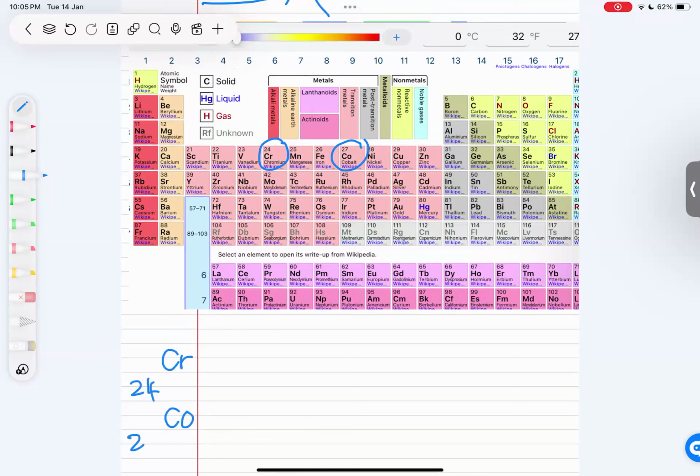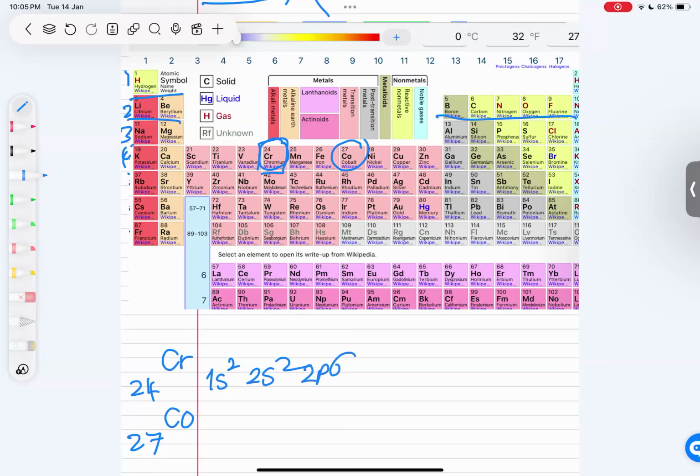Let's take it as an exercise. Without abbreviation, chromium is what? From the beginning. 1s2, 2s2, then 2p6.